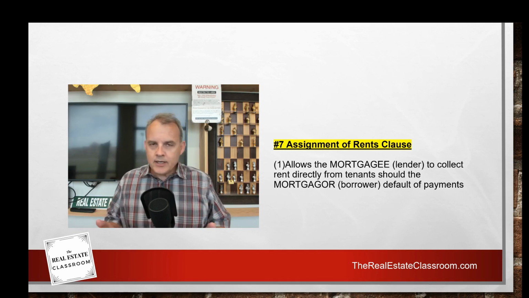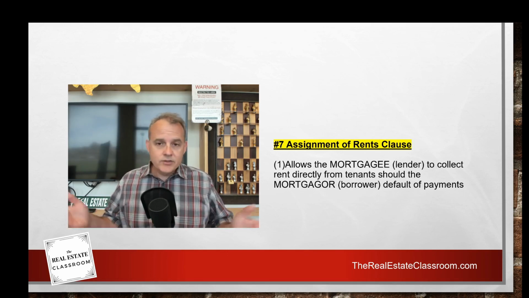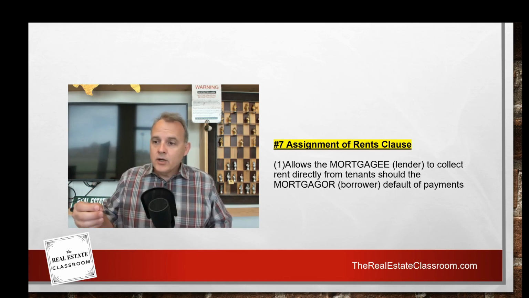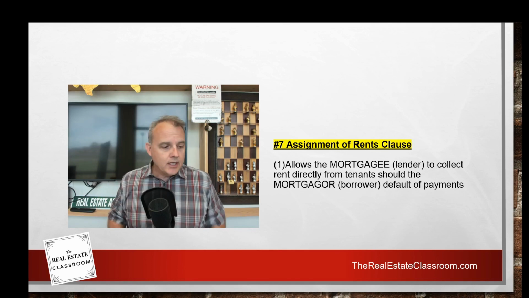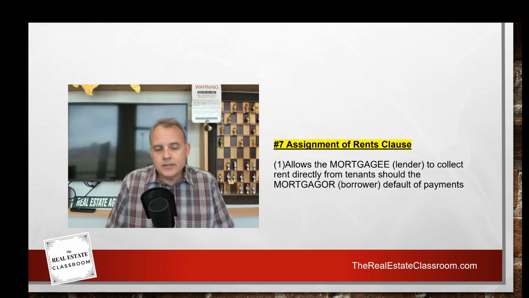This was very common in 2009, 10, 11, and 12 when many investors got foreclosed on, and many investors simply gave up and stopped making house payments. So you saw a lot of lenders going directly to the tenant saying, from here forward, you're going to pay your monthly rents to us. That was very common during that time period.